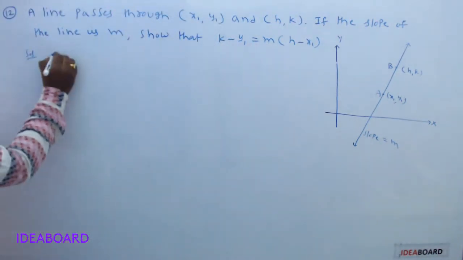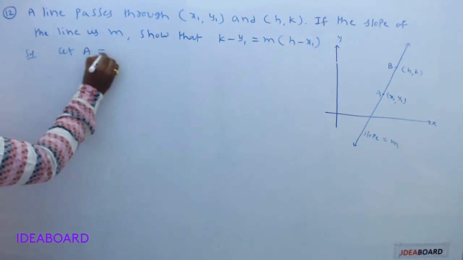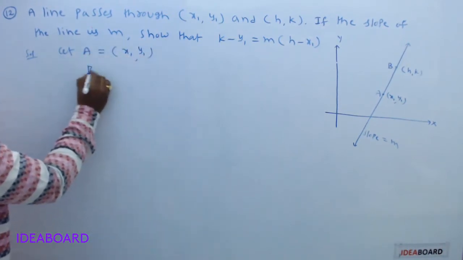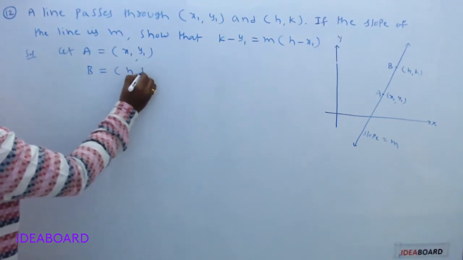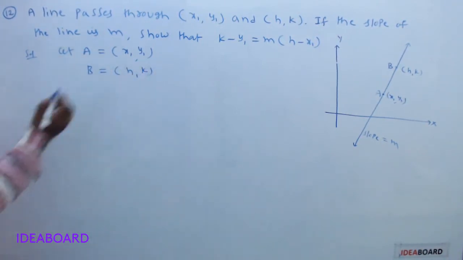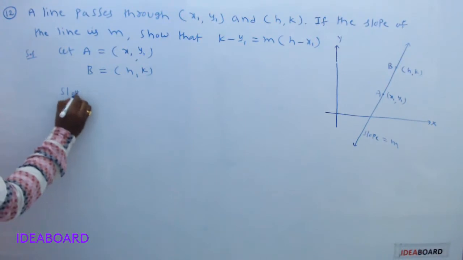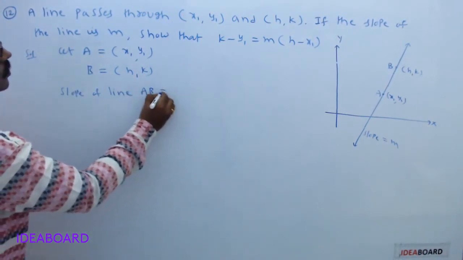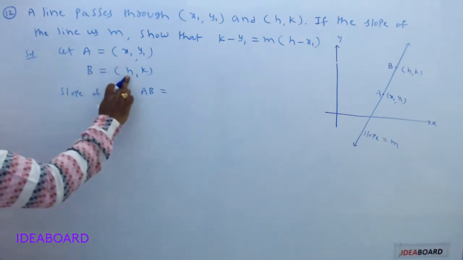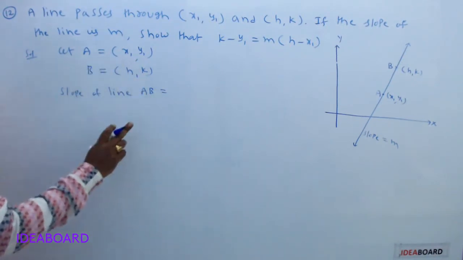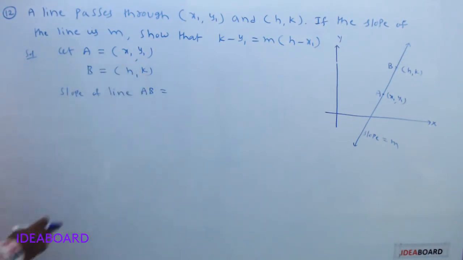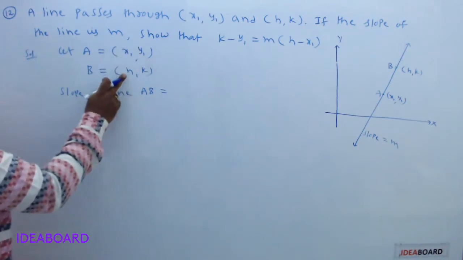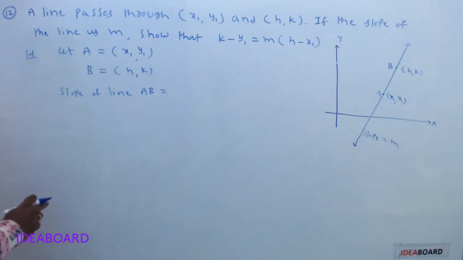Now denote the given points as A and B. Let A equal x1, y1 and B equal h, k. Slope of line AB equals, if you consider this h, k as x2, y2, then slope of AB is y2 minus y1 divided by x2 minus x1.